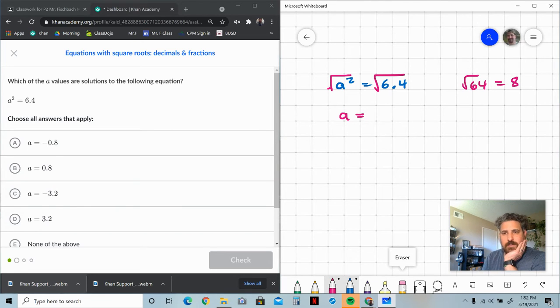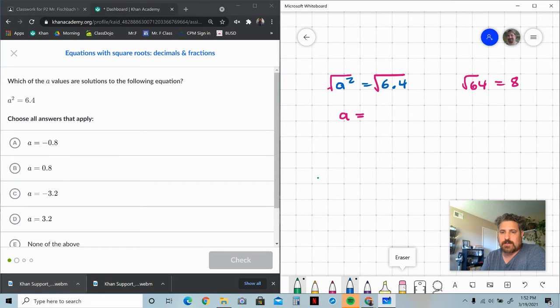Now, this one's a little bit of a funny one. You can't just think about the number of places to move the decimal because it only moved one place, it seems. So this one's one of those ones where I'm going to look at it a little more carefully. I'm going to take that 6.4 and rewrite it as a fraction.